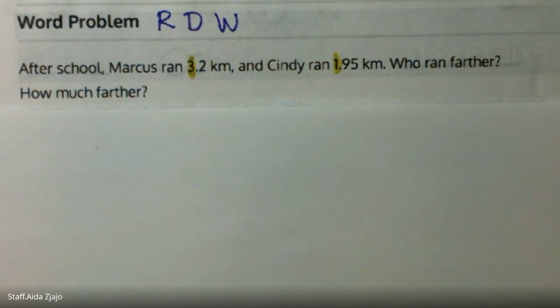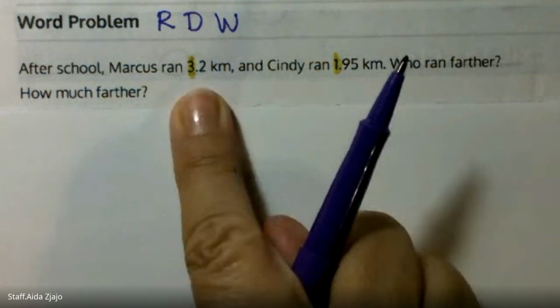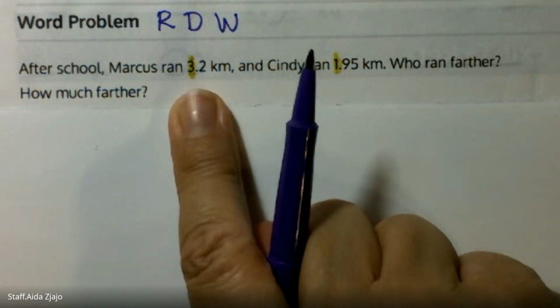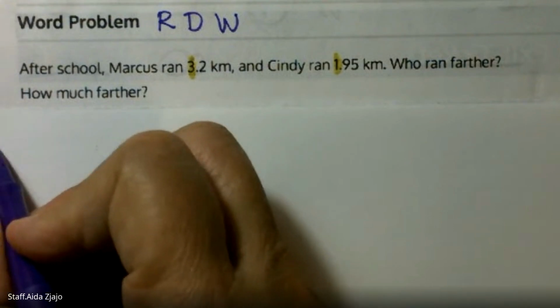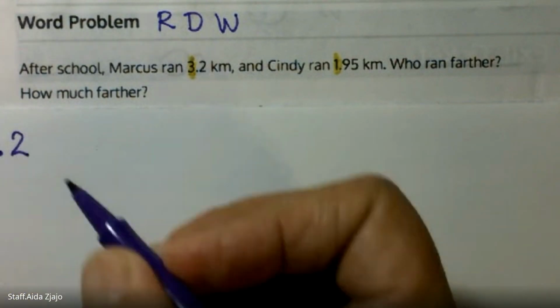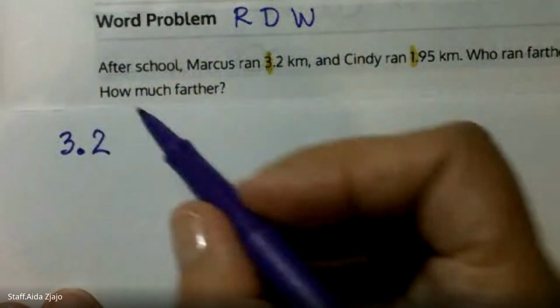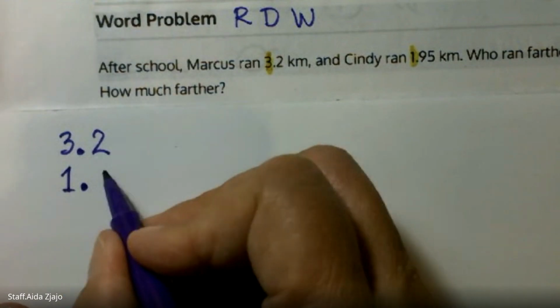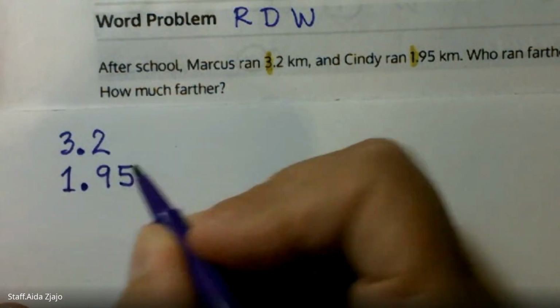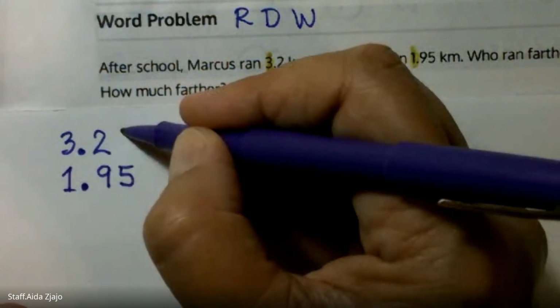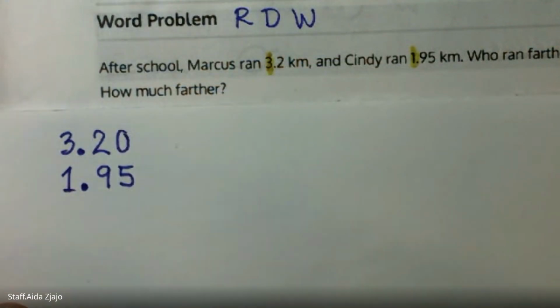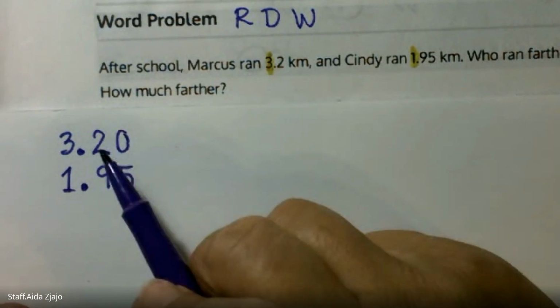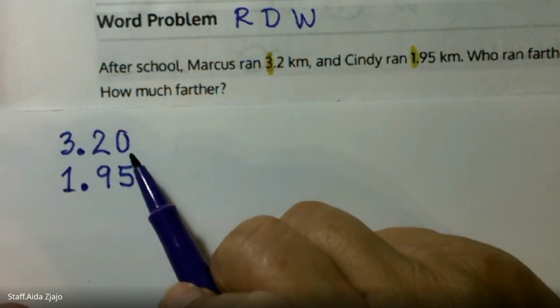So the first thing you can think about is estimating. It is very important that you know that there is 3 and 2/10, and that is 1 whole and 95 hundredths. If I add a 0 here, that would be allowed because 2/10 is the same as 20 hundredths.